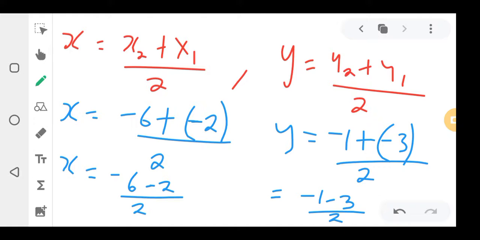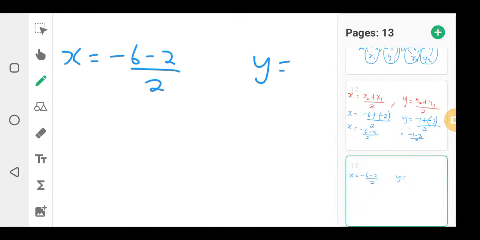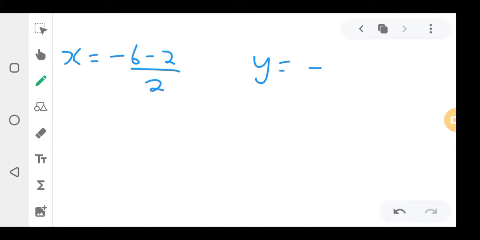I'm continuing this calculation this side. So that will be x is equal to -2 minus 2 over 2, and then y this side is going to be equal to what? -1 minus 3 over 2.